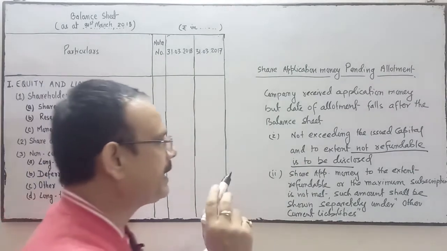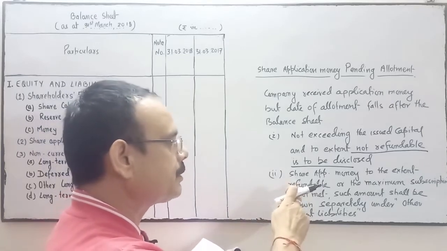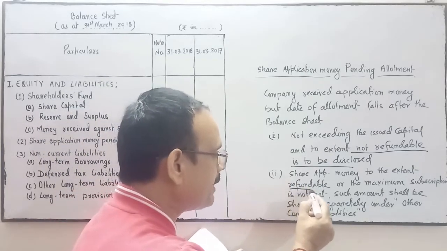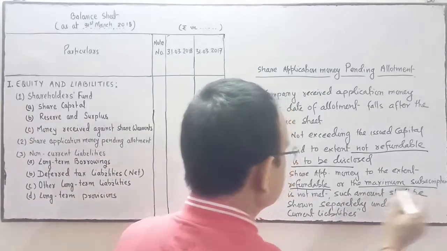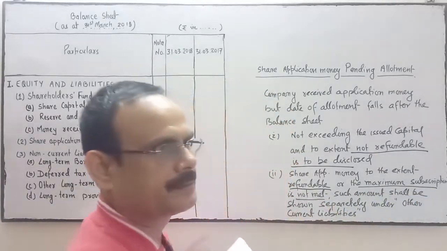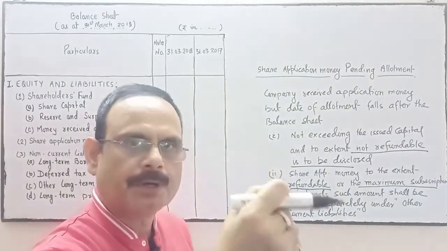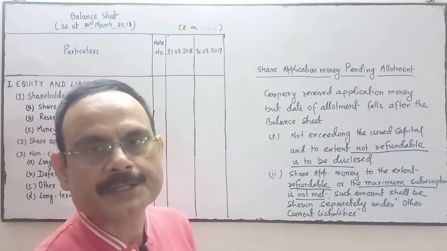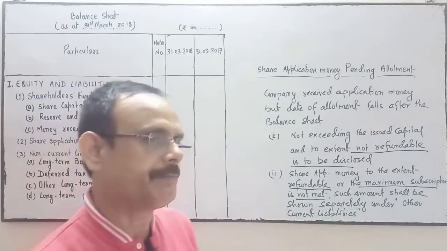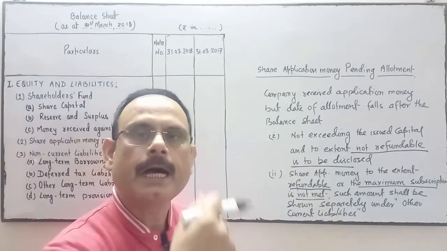Otherwise, if the application money received is refundable, or the maximum subscription is not met, the public has not applied for the maximum number of subscription required for allotment, then definitely the amount will be refunded to the applicant.